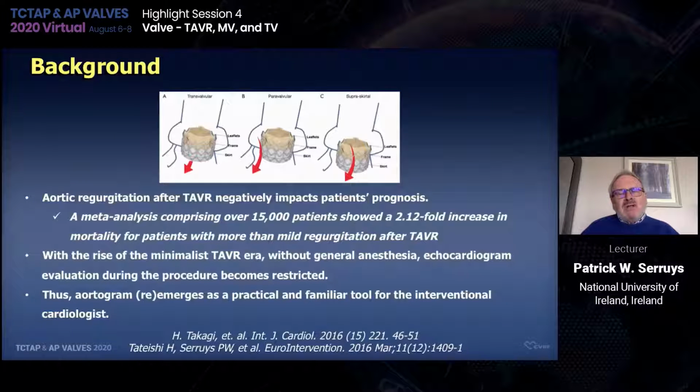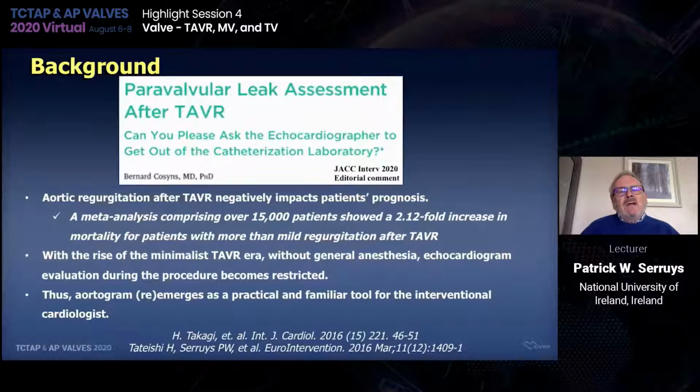We just presented at ACC a series of 2,400 patients, published in JACC Interventions, and there was a very provocative editorial of Bernard Cousins. Can you please ask the echocardiographer to get out of the catheterization laboratory, which is quite provocative.